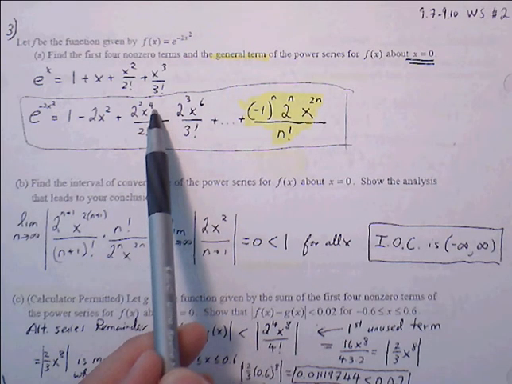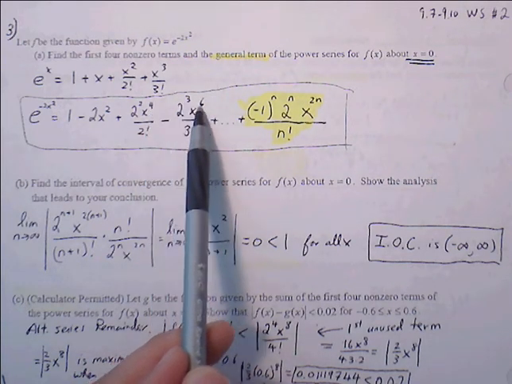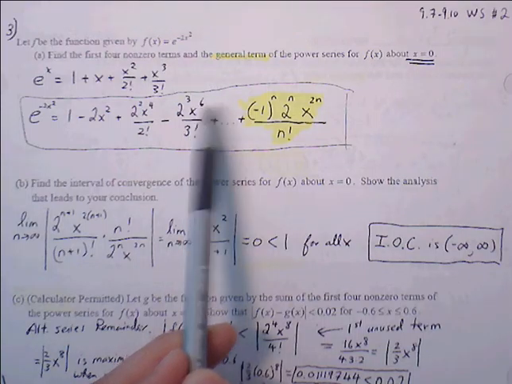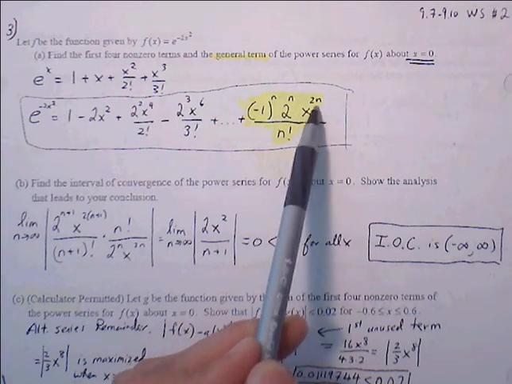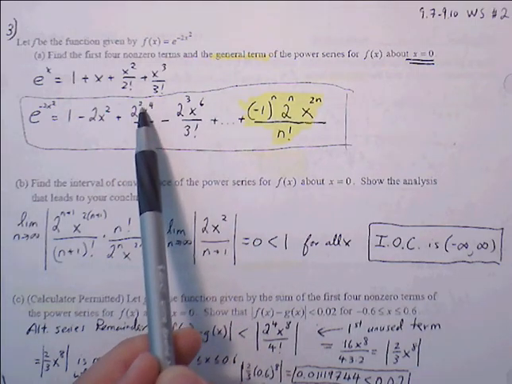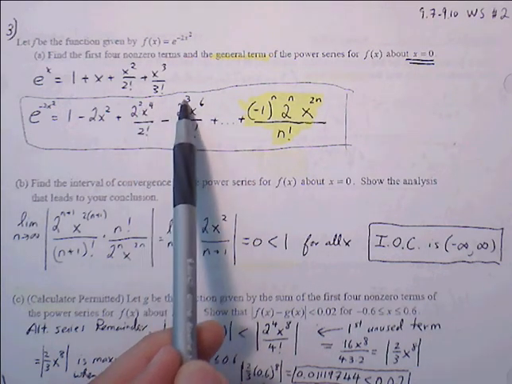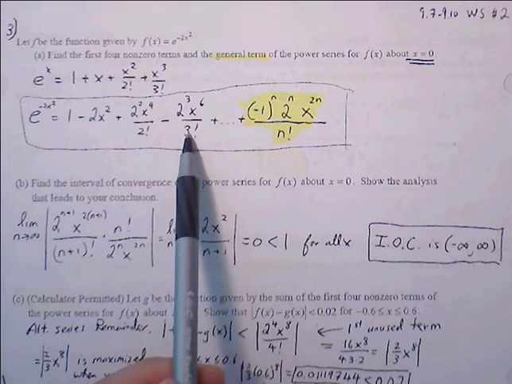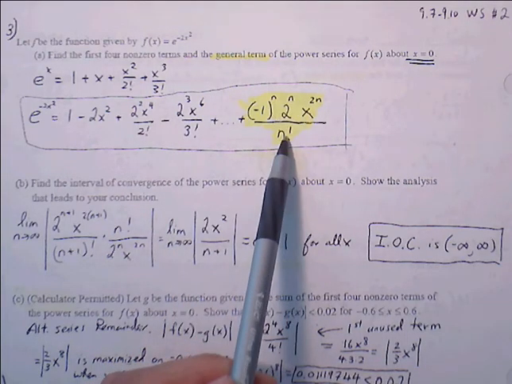So this is 2 squared, but it's x to the 4th, cubed, but x to the 6th. So we can think of it as 2n, right? And then we know the denominator will match the degree of the exponent for the base, so n factorial.